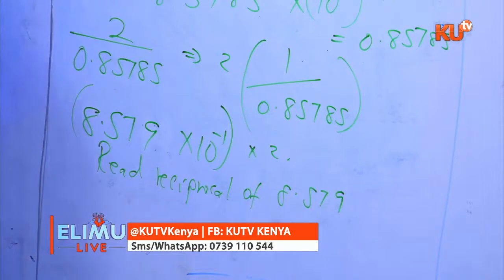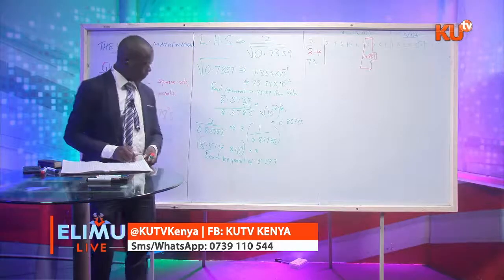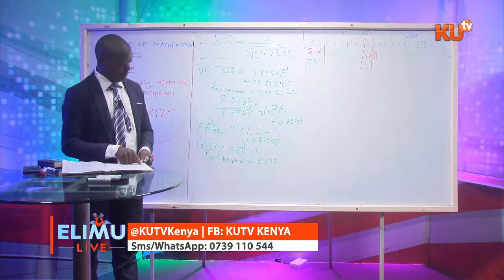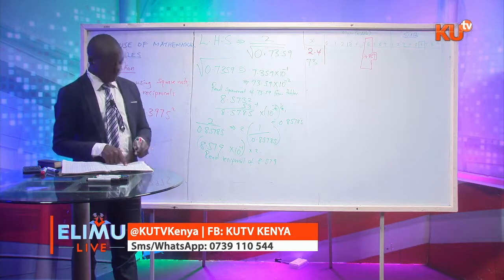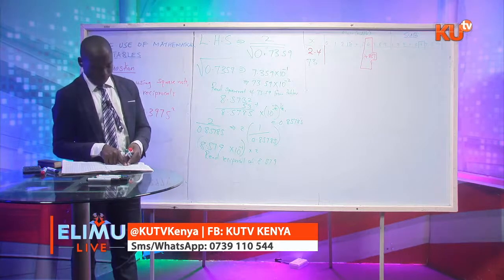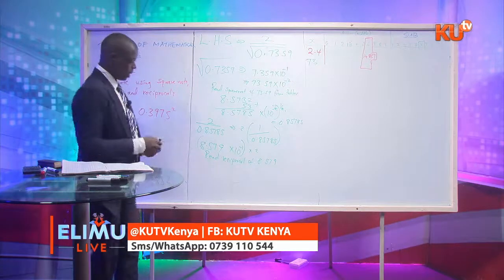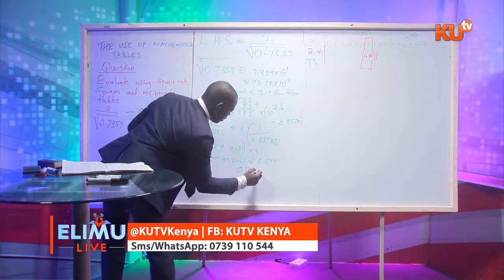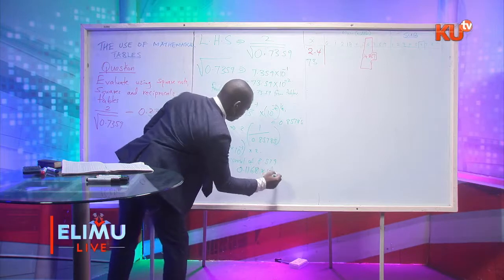So we'll go to reciprocal columns, page 19. 8.57. That is 1167. Then below 9 is 1. So 1168. So 0.1168 times 10 power 1, then times 2.